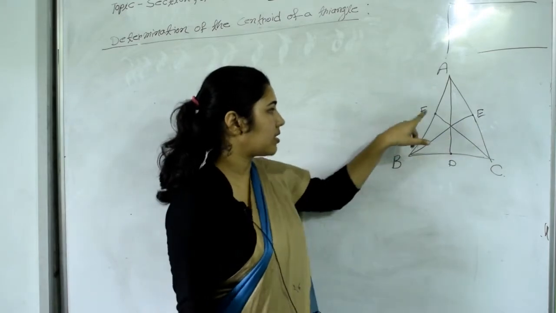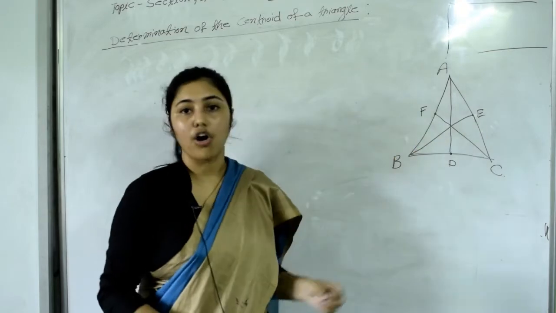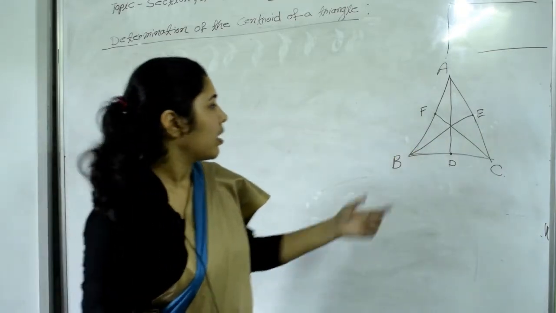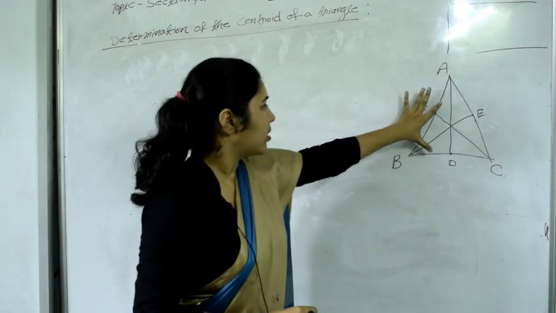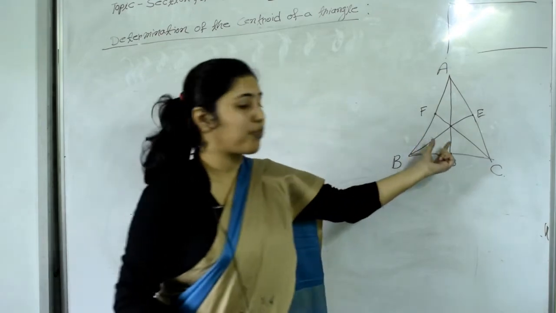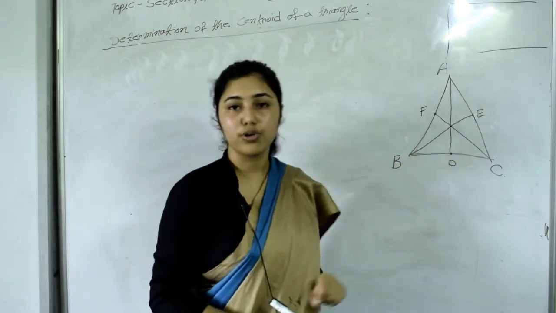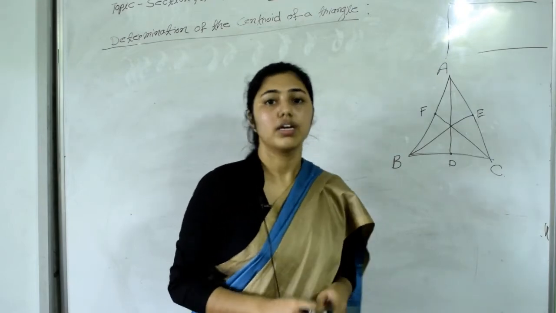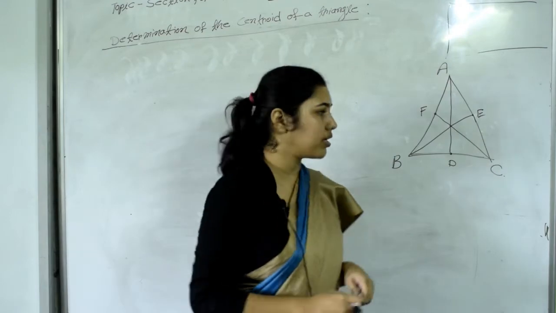AD, BE and CF. Now we know that medians of any triangle are concurrent and the point of intersection of the three medians is known as the centroid, right? Now do you know what is the meaning of concurrent?